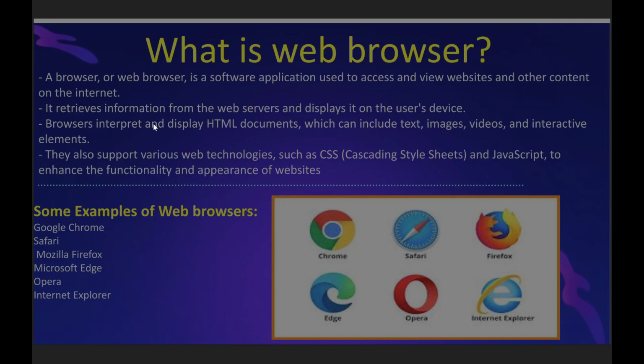So the browser interprets, that means HTML documents tell the browser, okay, and the browser will understand that and display the images, videos, and other interactive elements, or the multimedia. The last point we have here is that they also support various web technologies such as CSS, cascading style sheets. Yes, of course. If you want to go deeper into web development, or if you want to become a web developer professionally, or make a career here, then you must know cascading style sheets and JavaScript to enhance the functionality and appearance of websites.